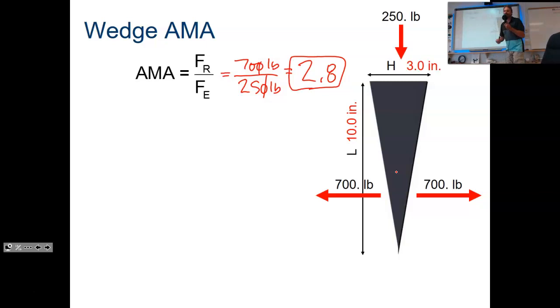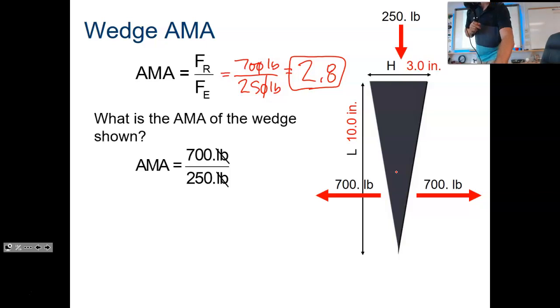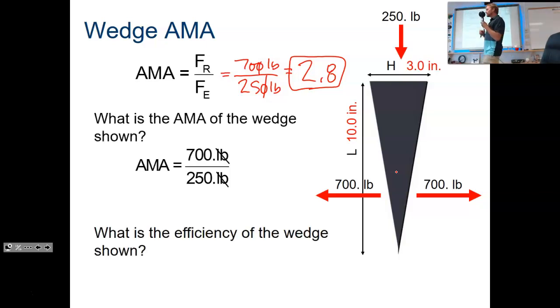If you can remember, it was ideally supposed to be 3.3, but it's actually 2.8, and that makes sense because that would be your efficiency. So your efficiency is going to be your actual divided by your ideal. So your actual mechanical advantage, 2.8.